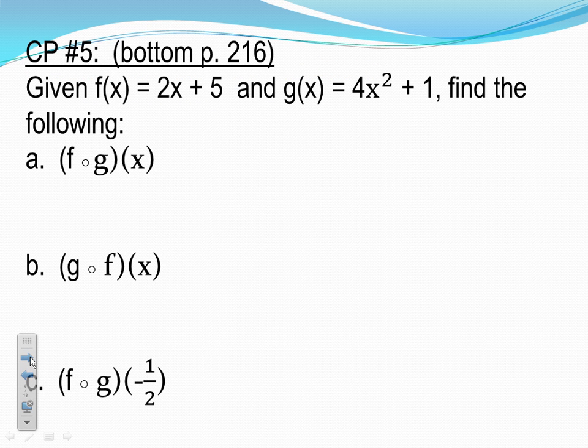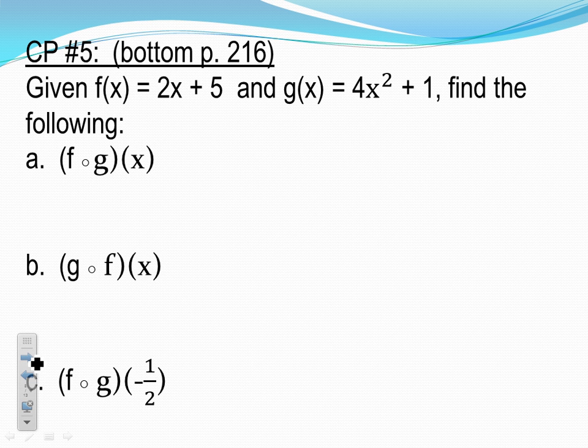All right, everybody on the bottom, page 216. That's where this checkpoint problem is coming from. If given f of x is equal to 2x plus 5, and g of x is 4x squared plus 1, find the following. So f composed of g means we take our f of x function, and in the place of the x, we are going to place our g of x function.